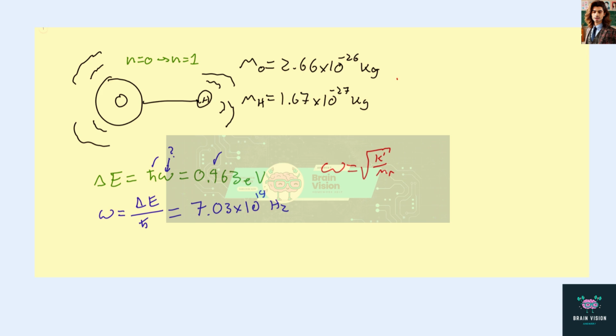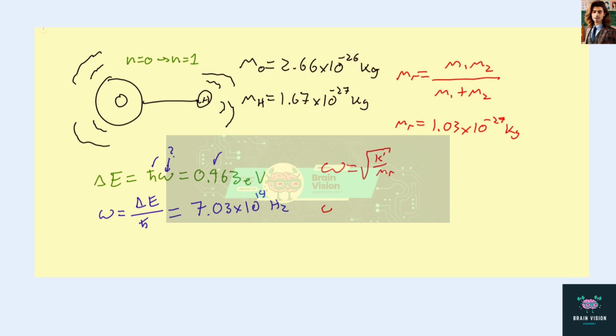And the reduced mass, to refresh your memory, is m1 times m2 over m1 plus m2. And in this case, our reduced mass is going to be 1.02, or sorry, to get the right significant figures, we should say 1.03 times 10 to the minus 27 kilograms.